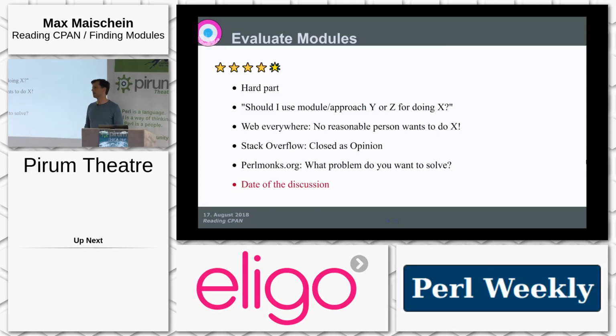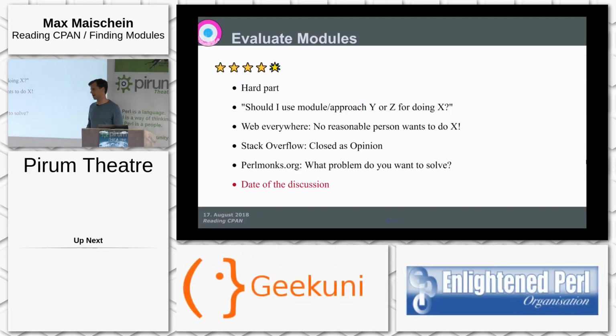Maybe a discussion of XML in 1999 or 2003 where somebody said that it eats too much RAM isn't actually relevant in 2018 when you get multi-gigabyte machines for really cheap money. So that's something to keep in mind as well, that old discussions may simply not apply today anymore.